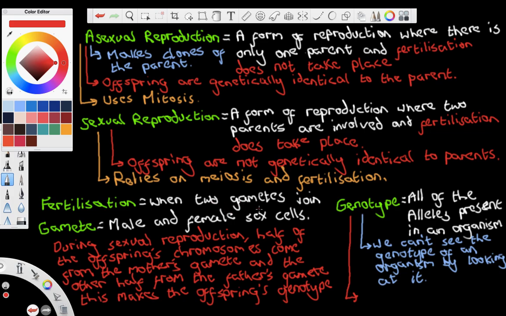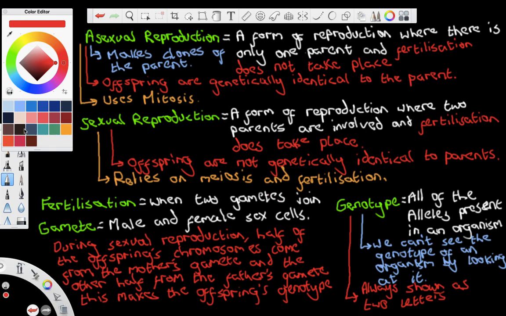So we can say always shown as 2 letters. So your genotype is always shown as 2 letters. I haven't got space, but in your books you may wish to add another arrow.